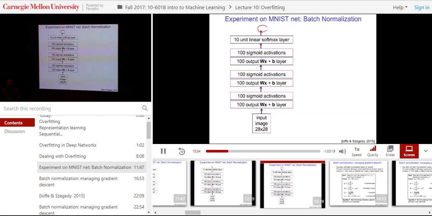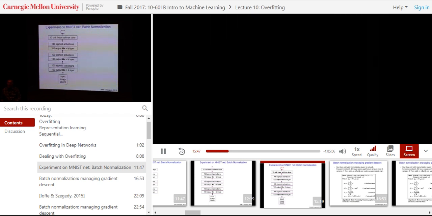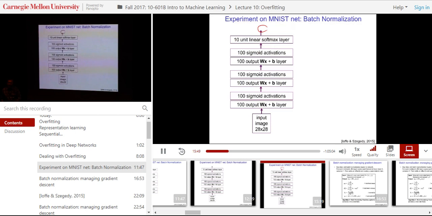And it's based on the following primarily empirical observation, which is that these networks tend to train better if the different activations at a given level, say these 100 outputs, are kind of on the same scale.